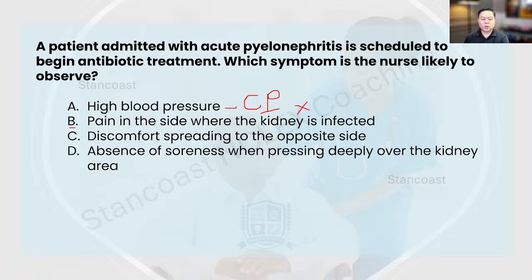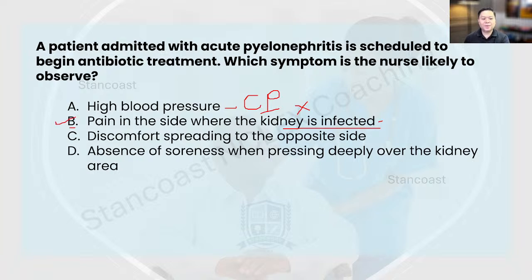It will not cause some painful sensation to the other side. So the radiating pain could suggest that there's any other condition. It could be renal stone, or it could be other musculoskeletal issues. So again, pain in the side where the kidney is infected, yep, telling us that there is unilateral, localized type of pain, possibly the answer here.